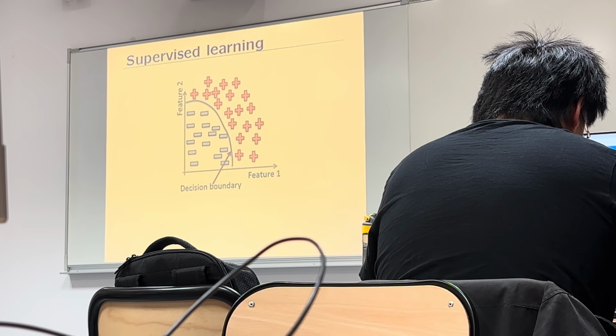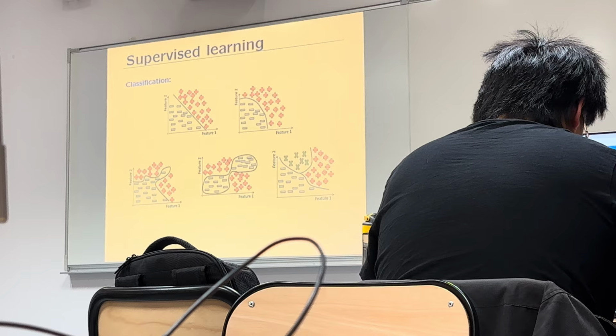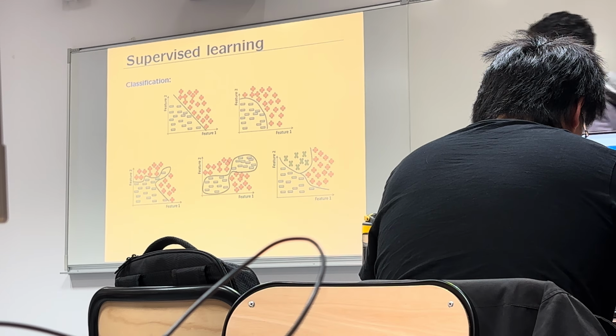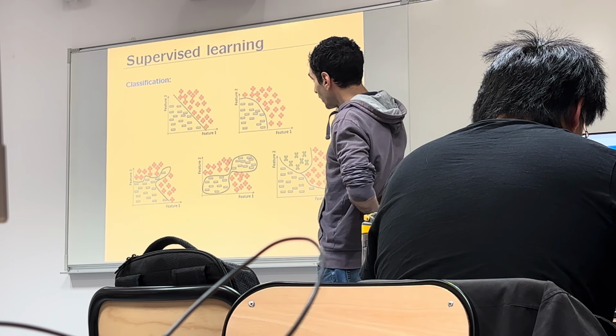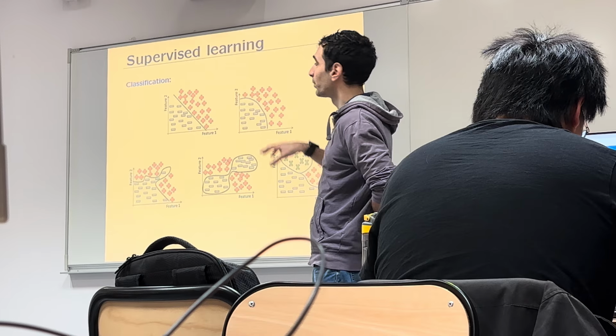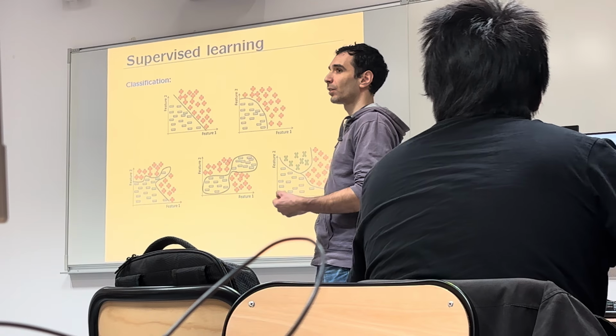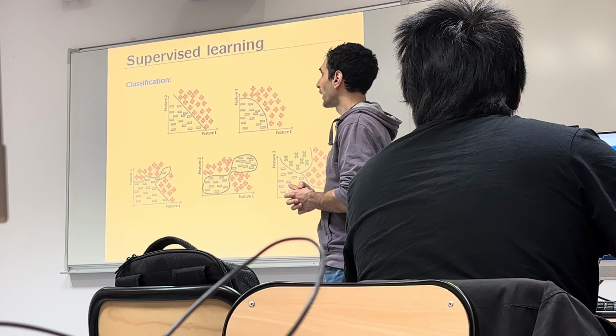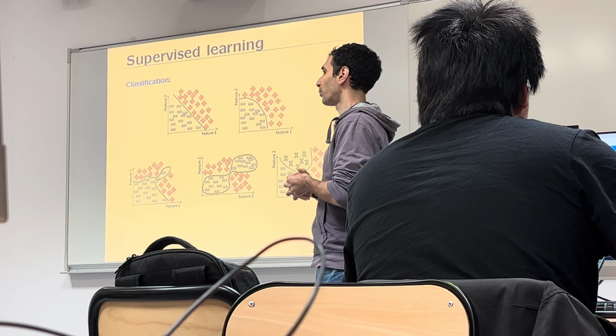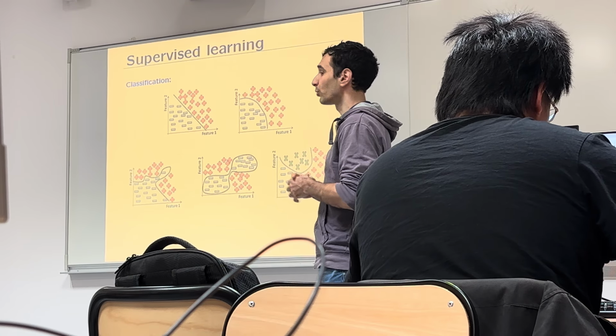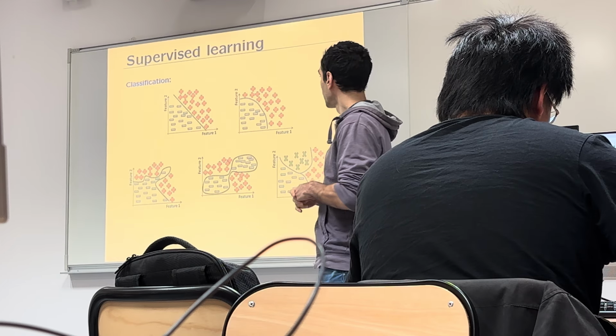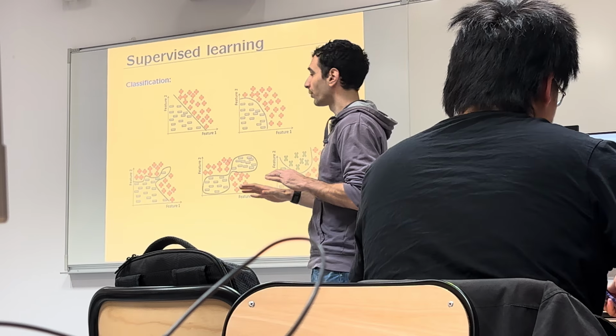And if you just ask to plot what we call a decision boundary. In supervised learning, this type of problem is called classification. Classification is when you try to predict the output within a given number of solutions.